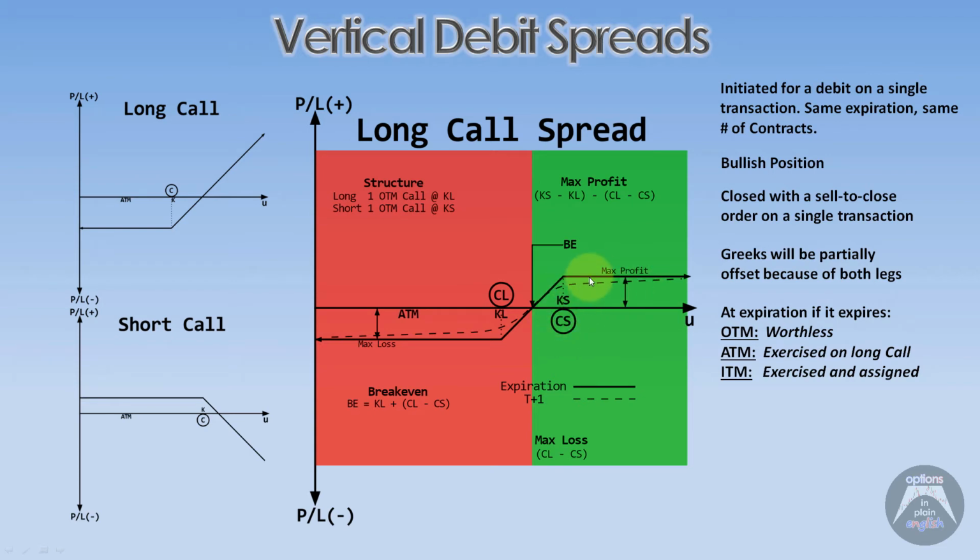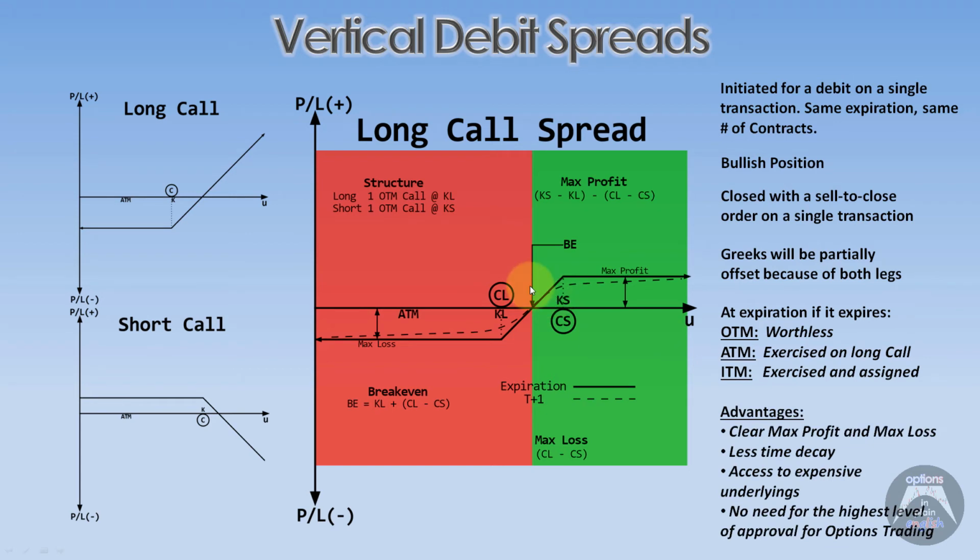So if it expires fully in the money, you're going to have a max profit for that spread, but instead of selling it in the market, you're going to have to go through the exercise and assignment process here. So you're going to be selling at this price at KS and buying at this price KL, because KL is lower than KS. You're going to be realizing this profit or this value in between the strikes. Once you subtract the initial investment, again, that's going to be your profit.